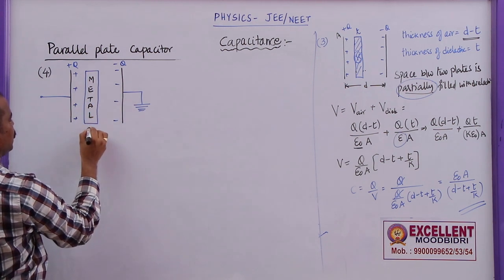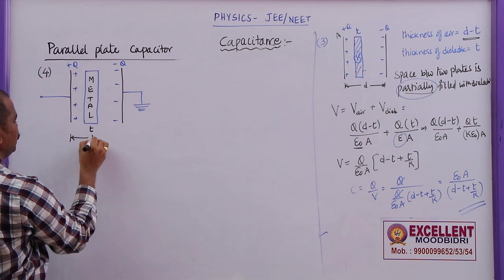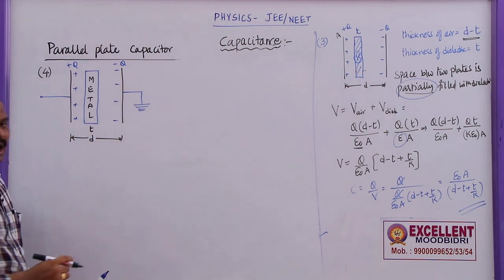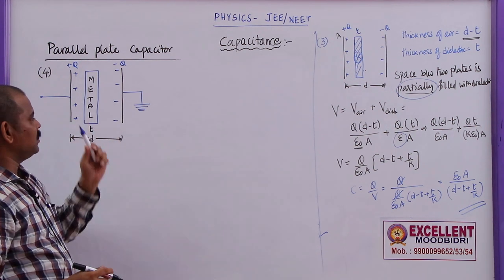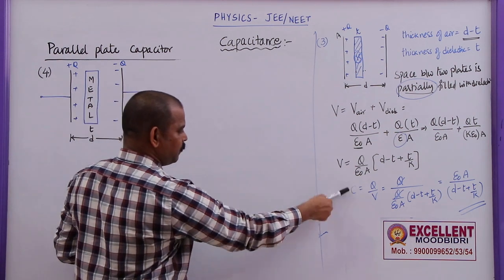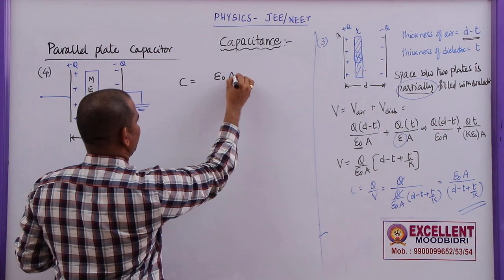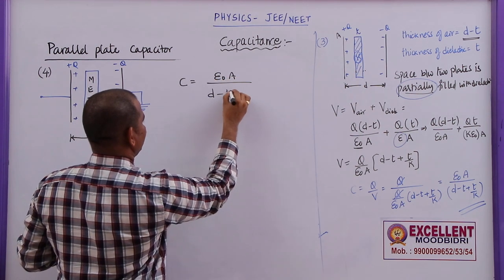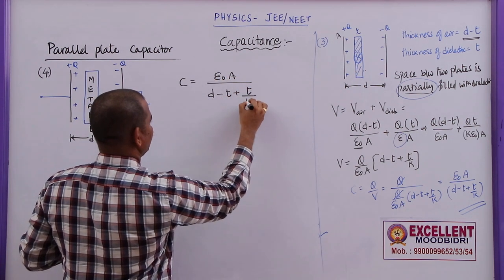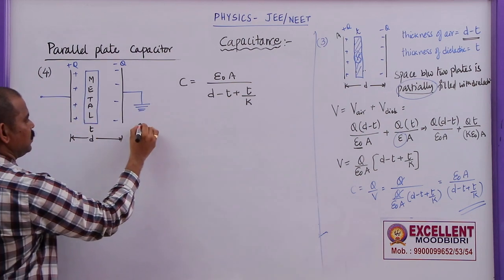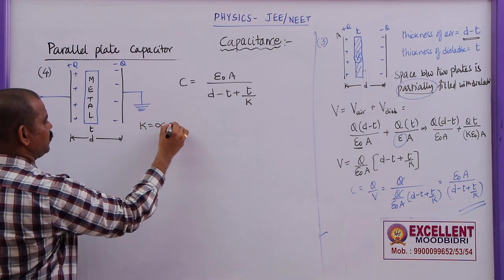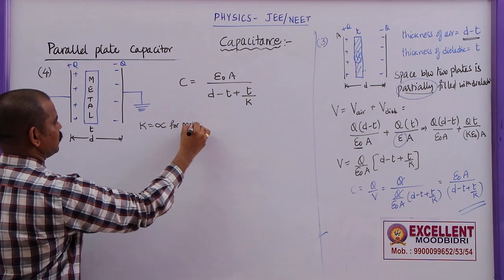If a metal plate of thickness t is placed between the two plates, how does the capacitance of this capacitor change? I can use the same formula for partially filled: epsilon naught A by d minus t plus t by k. But we know that k is equal to infinite for any metal.